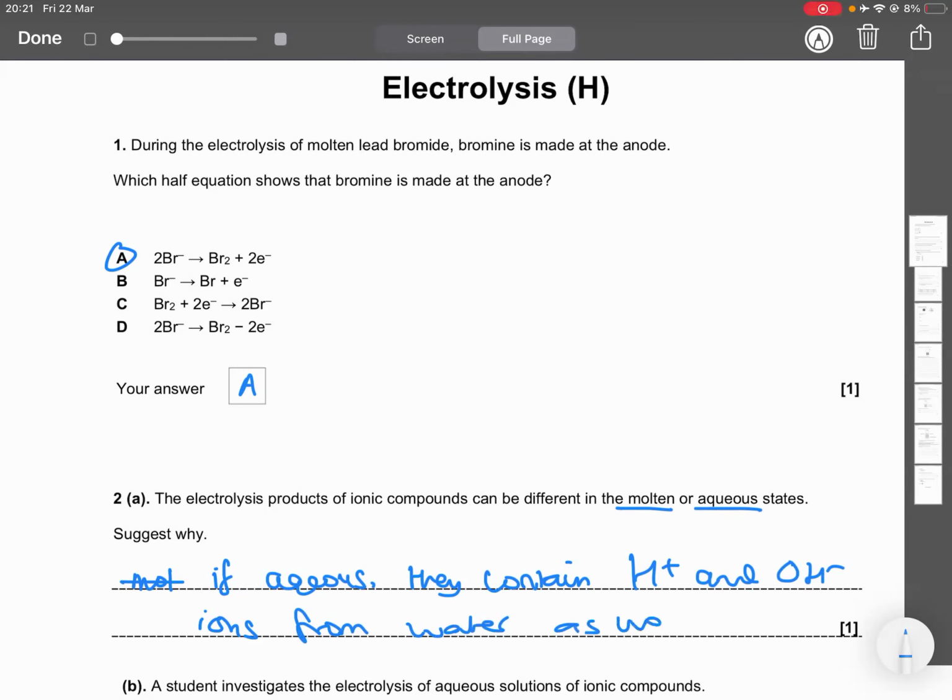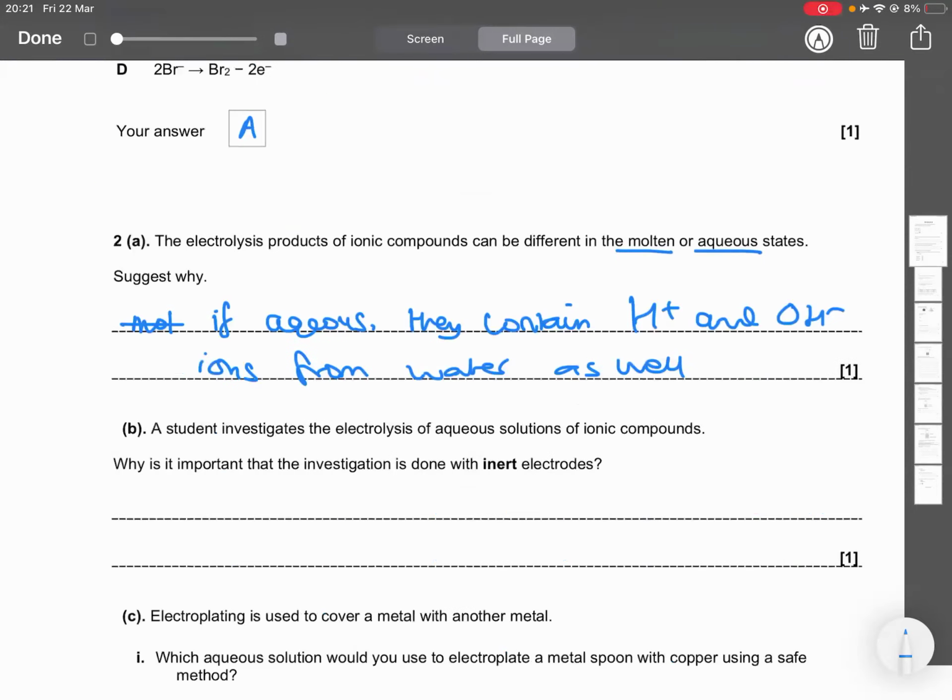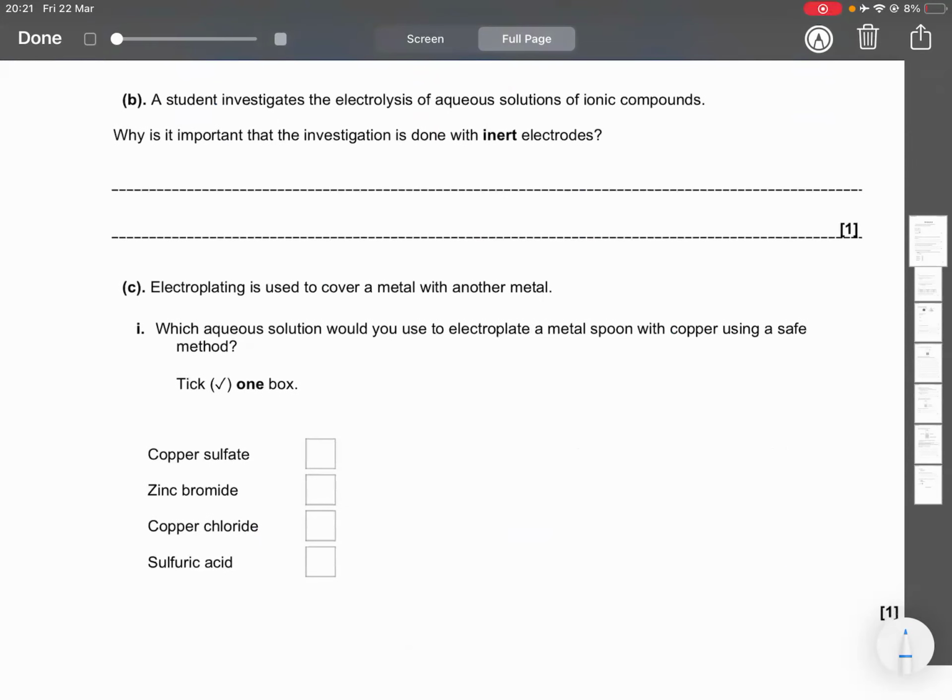Okay. So that's what makes the products potentially different. Why do we have to use inert electrodes? To prevent extra reactions. Because inert means unreactive.